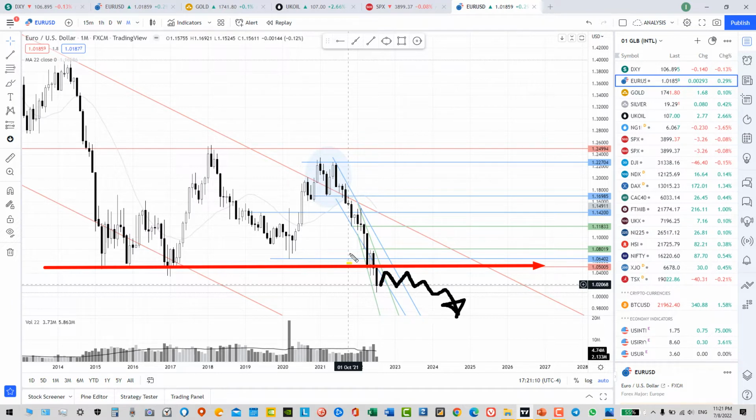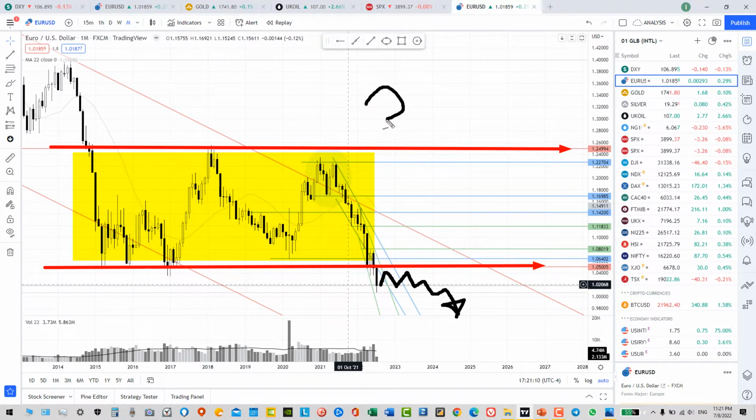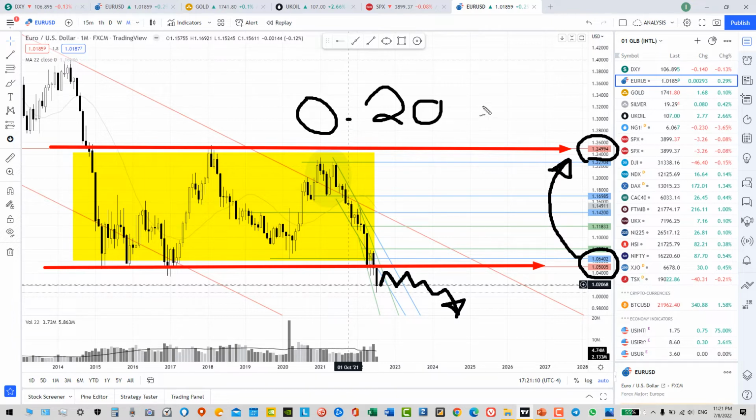The trading range that we were talking about, which did not continue, had a thickness of around 20 cents. We have previously said it's ranging from 1.05 up to 1.25 approximately. This thickness is around $0.20, which means 20 cents.